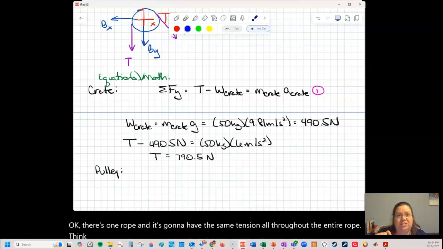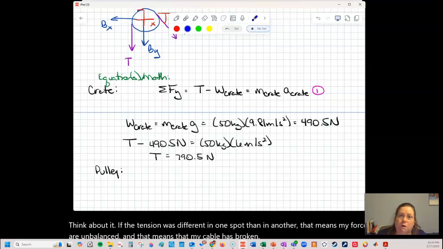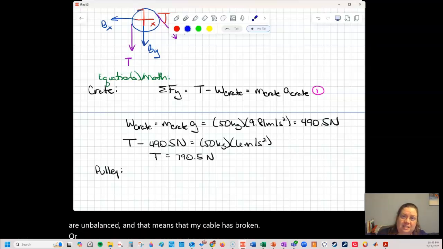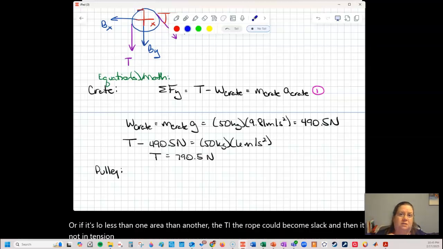Think about it. If the tension was different in one spot than in another, that means my forces are unbalanced, and that means that my cable has broken. Or if it's less in one area than another, the rope can become slack, and then it's not in tension anymore. So I need to have one consistent tension throughout my entire rope.